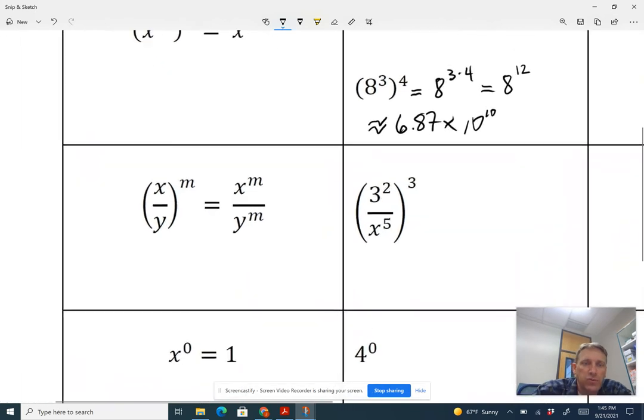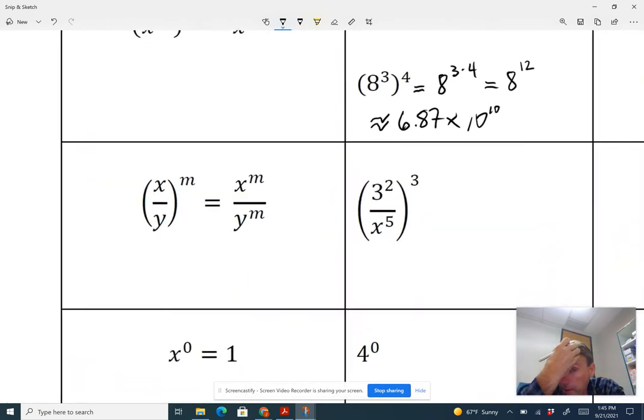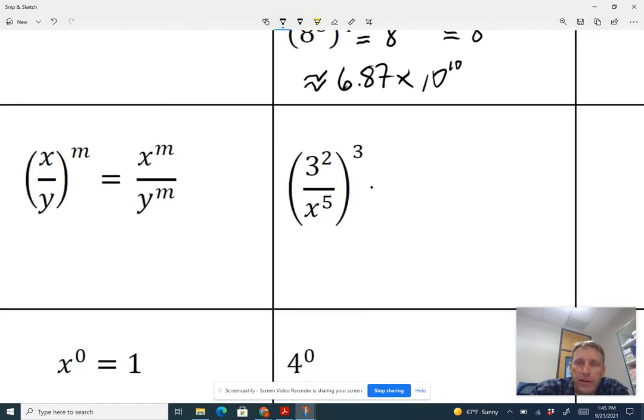We look at the next rule here. We're dividing, we have a power of a quotient is the same as a quotient of the power. So we've got x over y to the nth power is x to the n divided by y to the n. And that would mean here we'd have 3 to the 2 times 3 power over x to the 5 times 3 power.